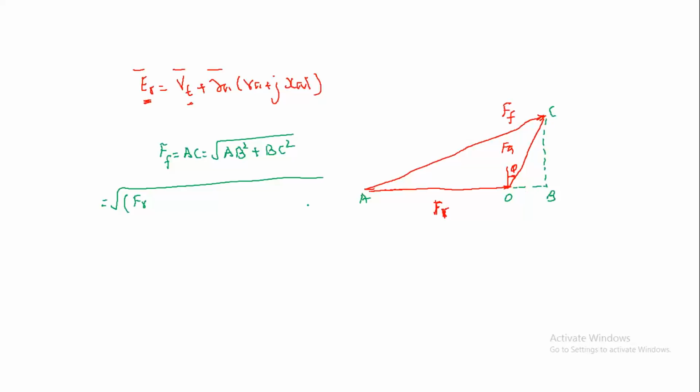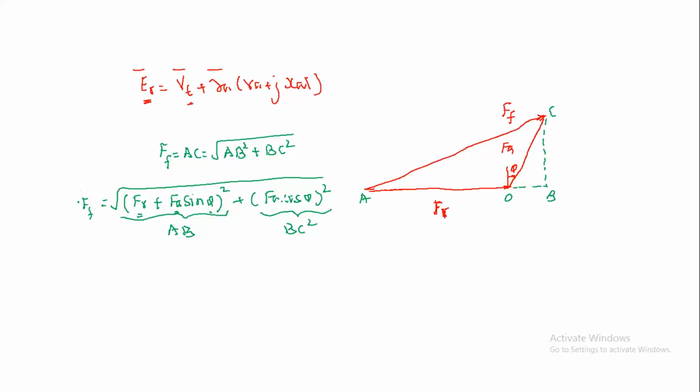OB is FA sine of phi, or sine of theta, squared. Plus BC, which is FA cos of theta, squared. So you have the value of ER, you have FA from the Potier triangle, you have sine of phi, so you can calculate AC, you can calculate FF.